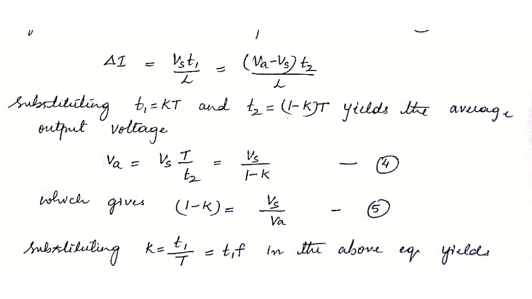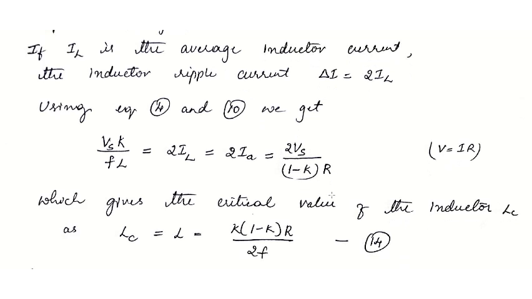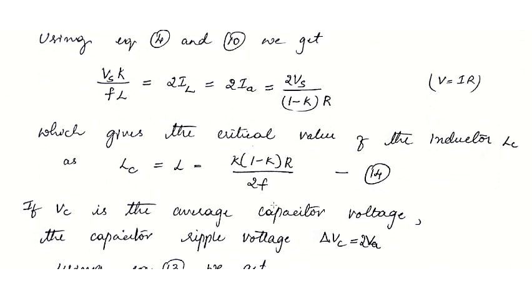So VA is equal to VS by 1 minus K. In terms of I and R, it is IA into R. So IA will be equal to VS by (1 minus K) into R. That is what we have written here, so 2 times VS by (1 minus K) by R, which gives us the critical value of the inductor LC.